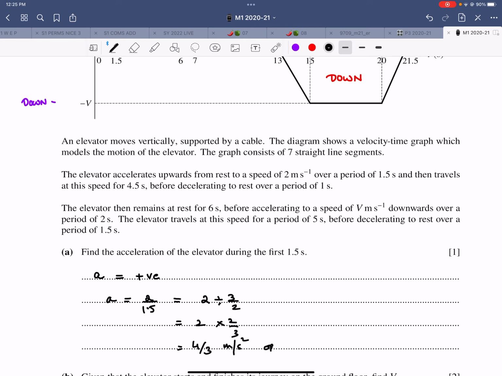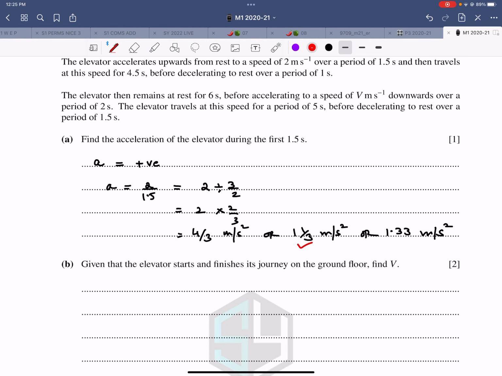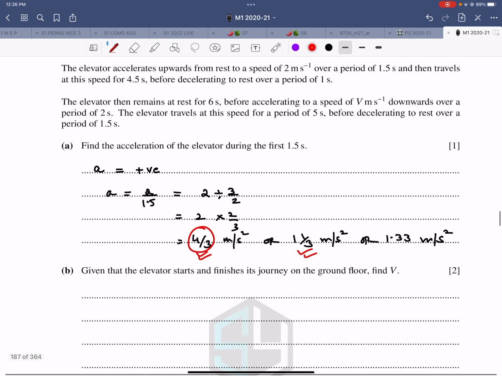I'm just looking at different ways of writing this: 1 1/3 meters per second squared or 1.33 rounded off. The best option is the exact one. Since this is an improper fraction, I write it as a mixed number. Do not involve yourself in petty situations in which you have to take care of accuracy when you can easily get away with writing in the exact form.